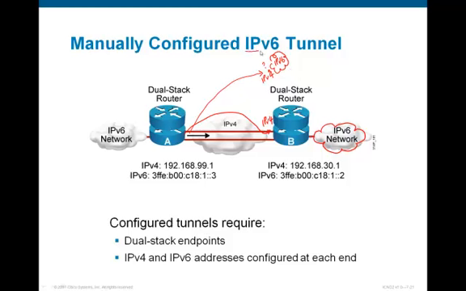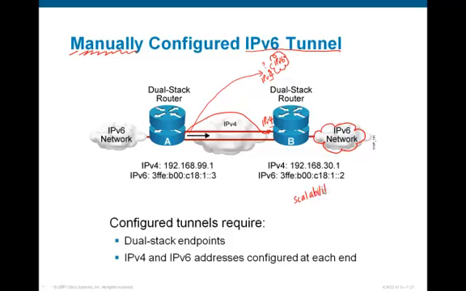So when IPv6 tunneling was first introduced, we had to manually remember what is the corresponding next hop, what is the corresponding IPv4 address associated with this pocket of IPv6 addresses. Now, manually trying to remember which IPv6 address is associated with which IPv4 gateway router presents a scalability problem.